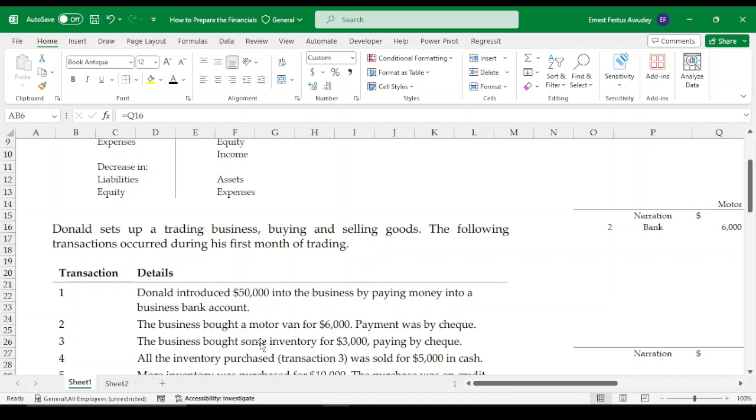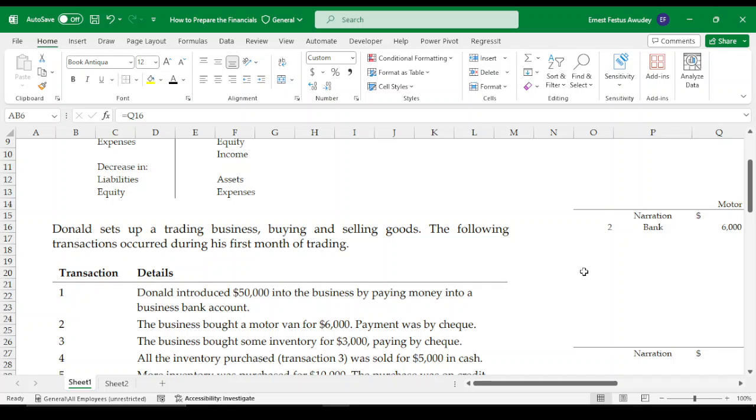The inventory has increased and is an asset, therefore it's going to be debited. The payment by check is going to affect our bank, and since cash is leaving us, is decreasing, we are going to credit our bank account.